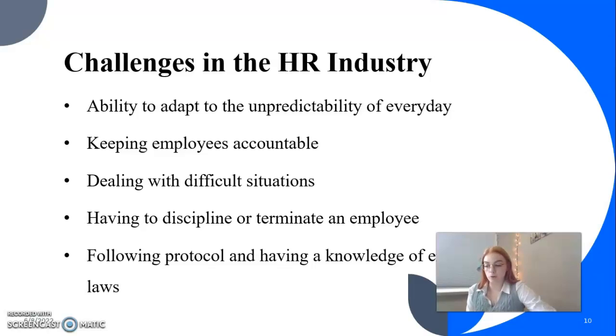When I asked Mrs. Hooper about some of the biggest challenges she's faced as an HR director, she said by far the most difficult thing was having to discipline employees, and in some situations, having to determine whether or not an employee should be terminated. She explained to me a situation she had with a new employee who just got hired to work in their daycare.